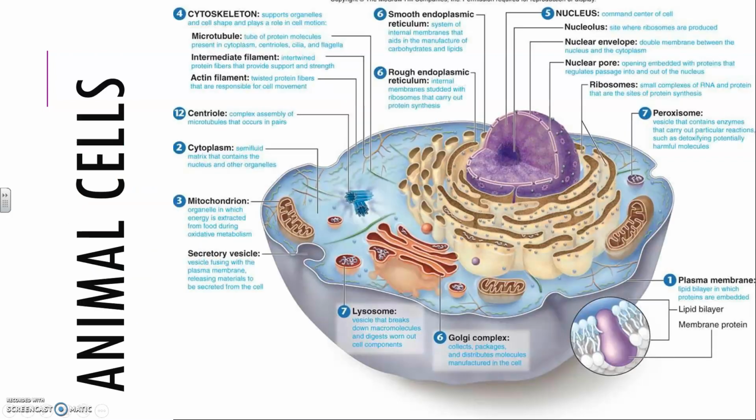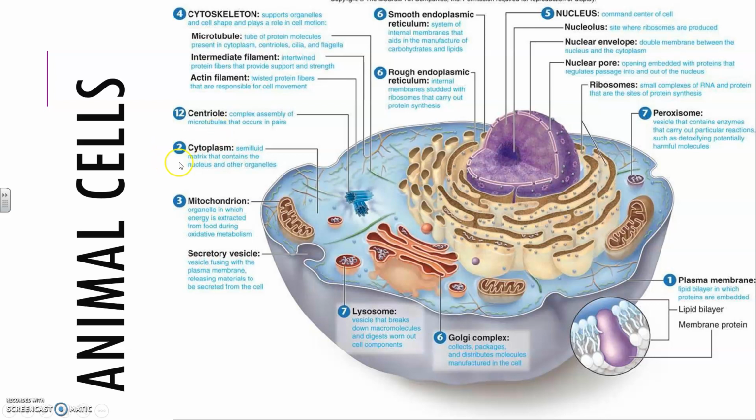So we talked about our cytoskeleton, which supports the cell, helps move things in and around the cell, and plays a role in the motion of the cell itself. We also talked about the centrioles, the complex assembly of microtubules, connected with the cytoskeleton, these tubes of proteins that help divide DNA.